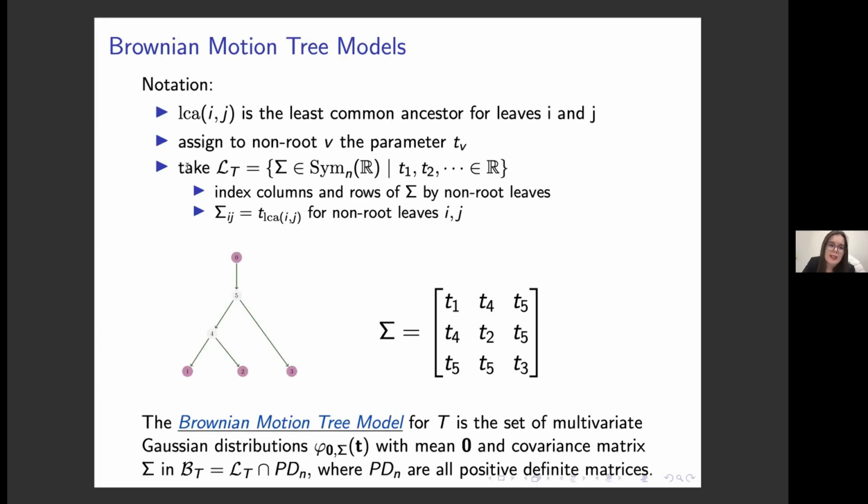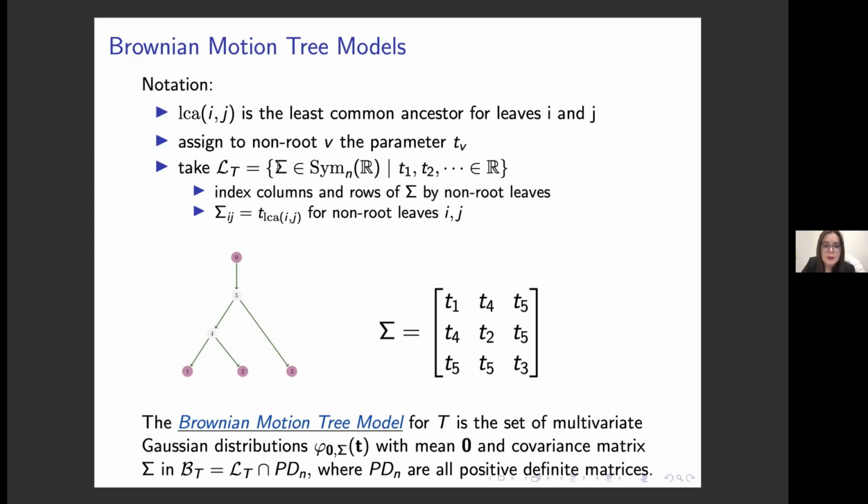Denote with LCA of ij the least common ancestor for 2 leaves i and j, and we will assign to each non-root vertex v the parameter t_v. So here we have t1, t2, t3, t4, t5, and we take L of t to be the space of symmetric matrices sigma that is formed as follows.